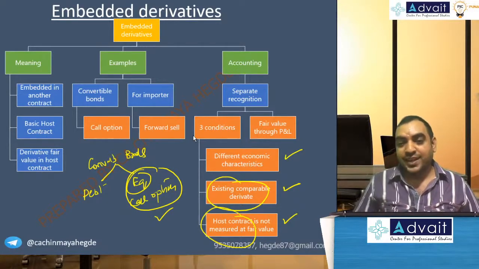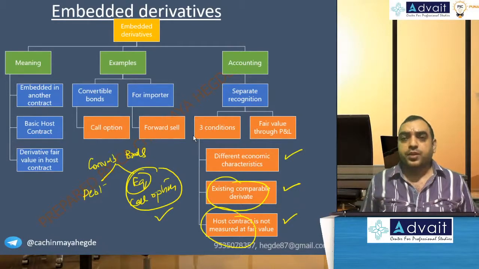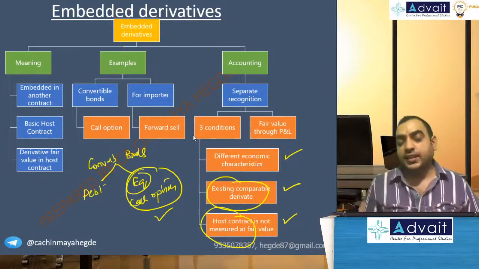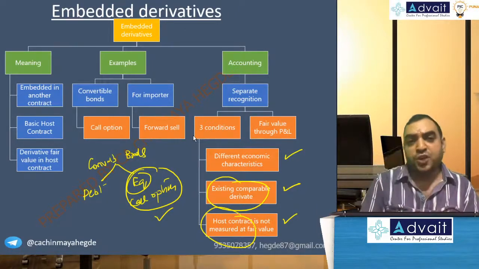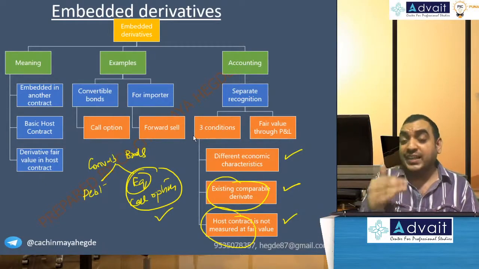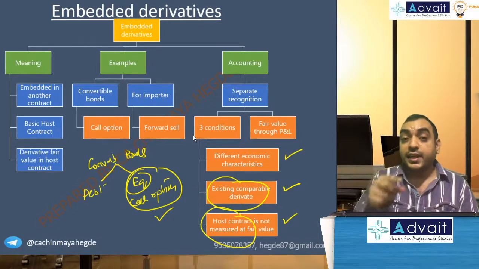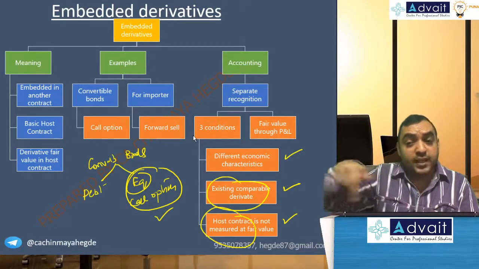Explain different economic characteristics. Let's say you have operating leases, or you have to pay rental in foreign currency. Rental in foreign currency, what are the components of that? One, how or why will rental increase? Rental expense will increase because of inflation. One reason. Then when you pay in foreign currency, the foreign currency fluctuates.